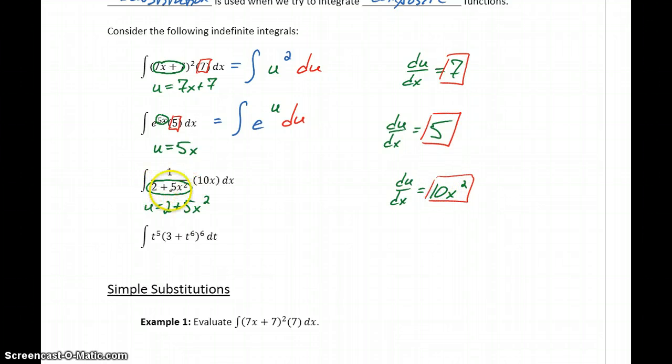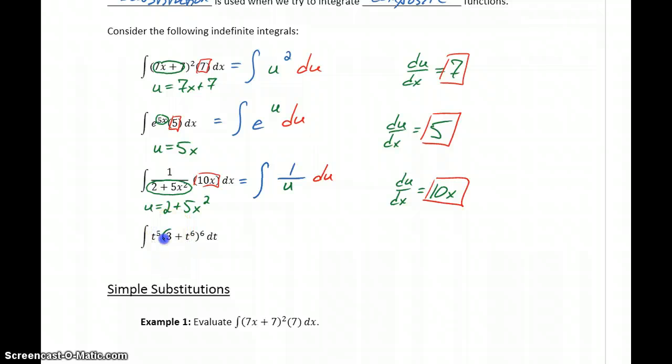So we're going to be able to swap out the original denominator as well as this 10x. So we're going to be able to rewrite this as the integral of 1 over u du, which again fits our pattern for one of our simple integration formulas. This would just become the natural log of the absolute value of u.